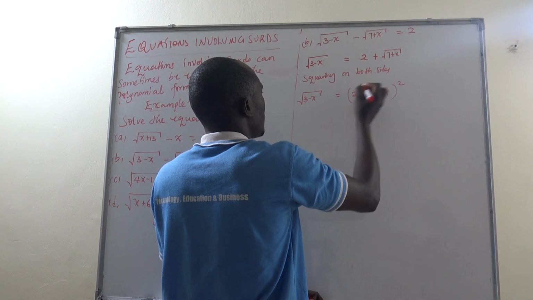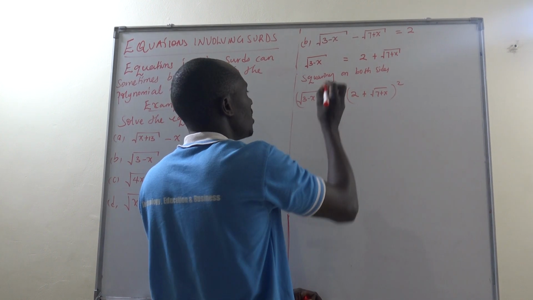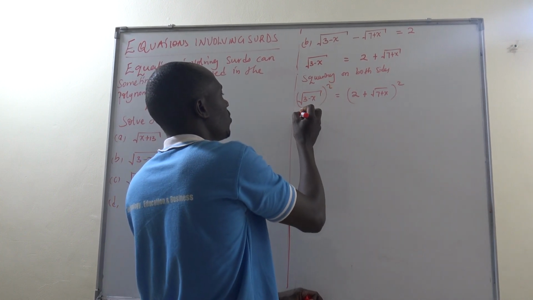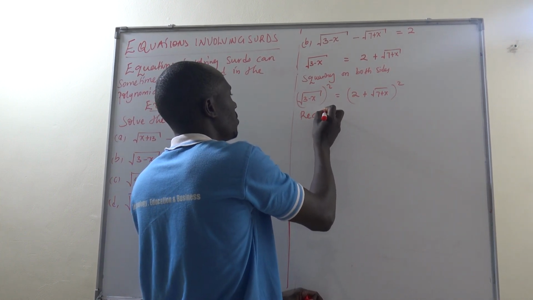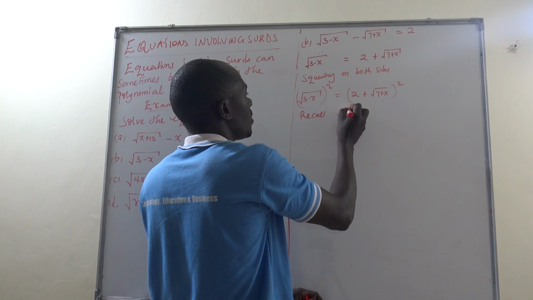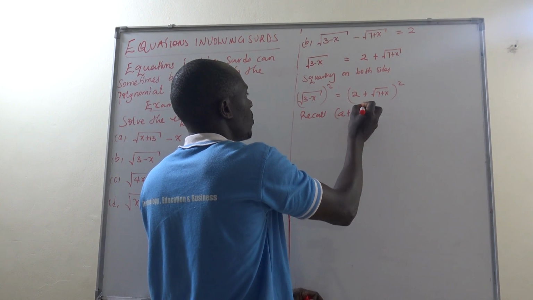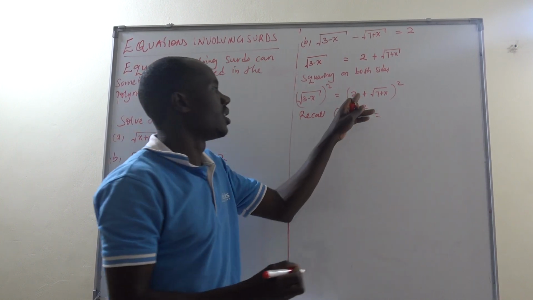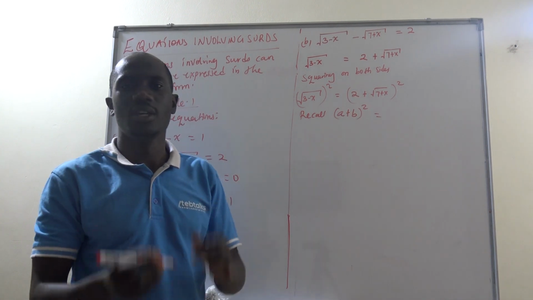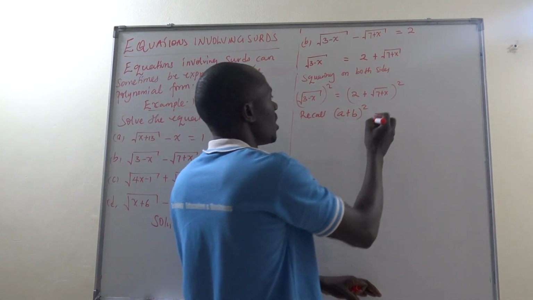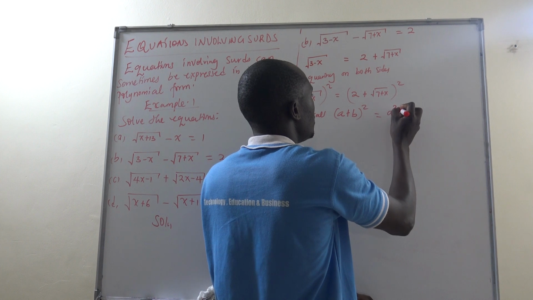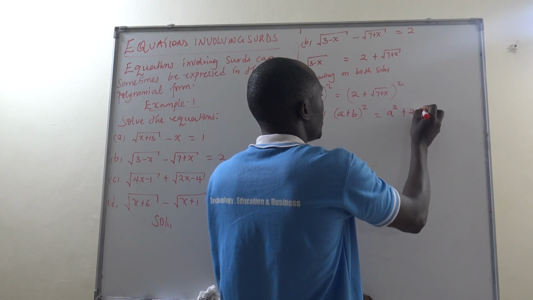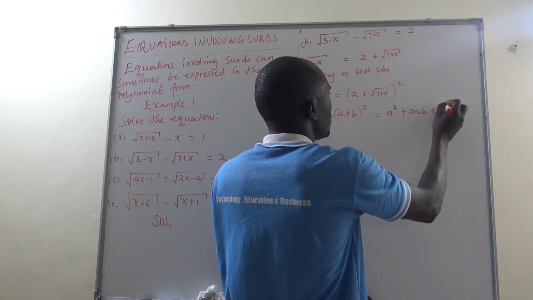Then we are squaring. And here, recall this idea: a plus b squared. Here a is this one and b is this one. What was the expansion coming out? It was a squared plus 2ab plus b squared.